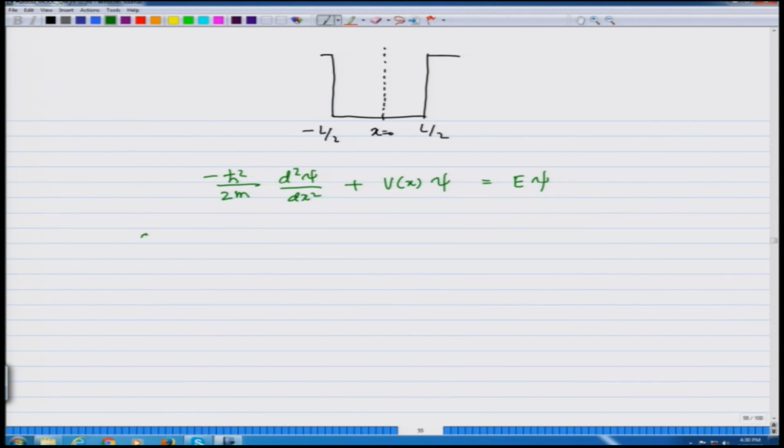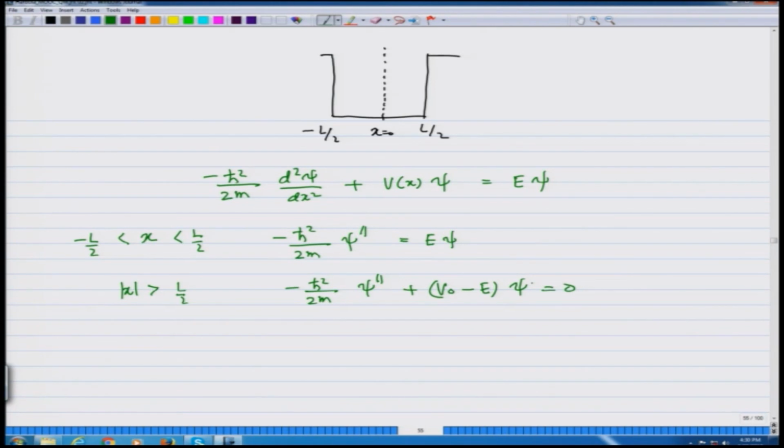For x between minus L by 2 to L by 2, the equation becomes minus h cross square over 2 m psi double prime is equal to E psi, and for mod x greater than L by 2, the equation becomes minus h cross square over 2 m psi double prime plus V 0 minus E psi equals 0.